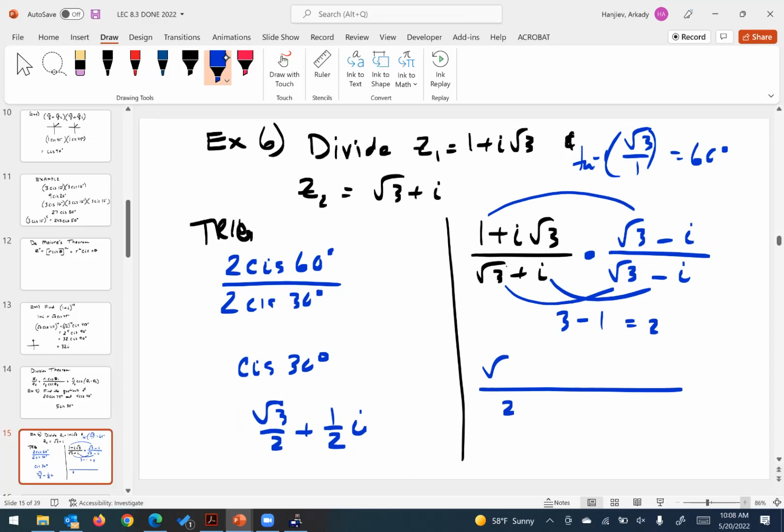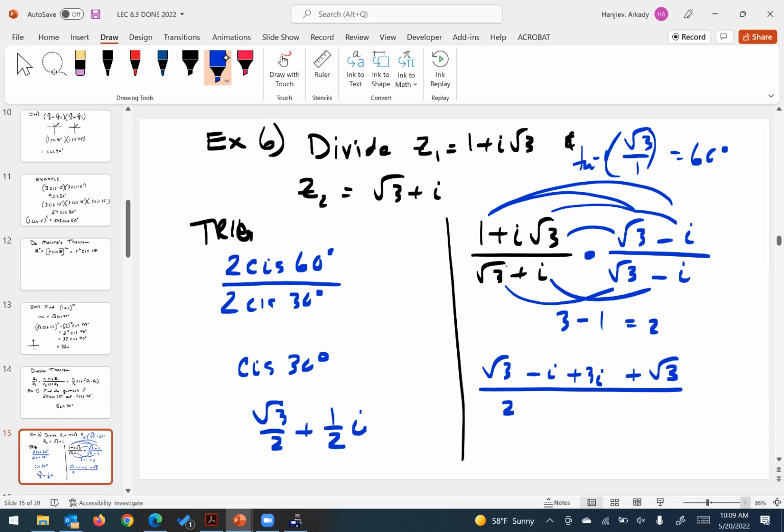That's going to be a root 3, a minus I, plus 3I. And then this one's going to be negative root 3, so it'd be a plus root 3.